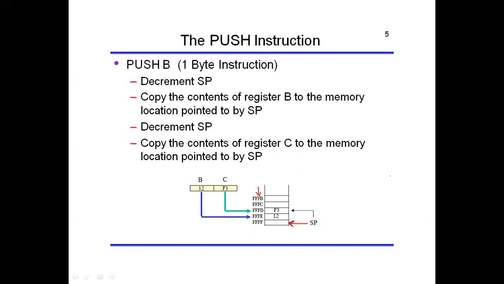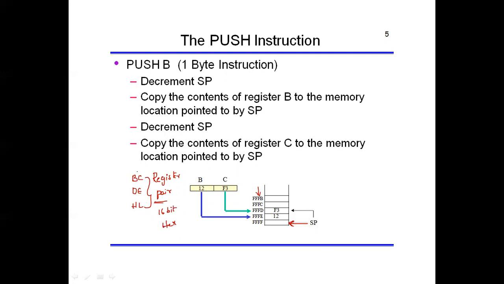Now I have the BC pair. As I have said, in the 8085 we have BC, DE and HL pairs. These are the three register pairs in the 8085 microprocessor, right? So we call it a register pair. A pair is nothing but 16 bits of data, hexadecimal data.